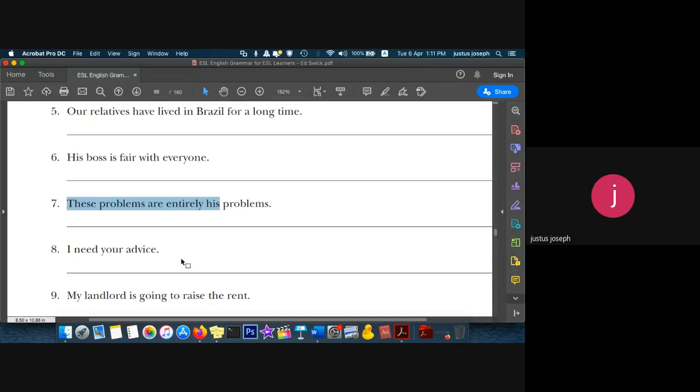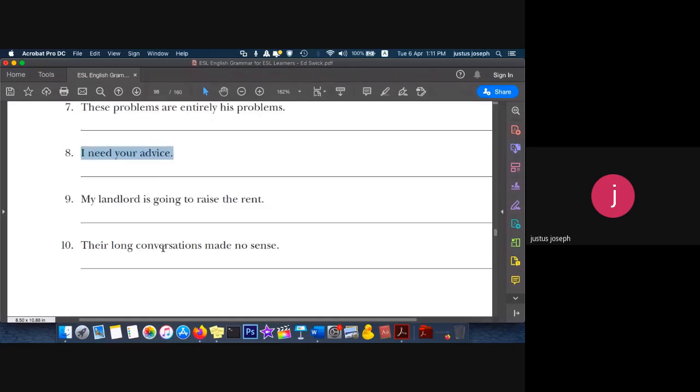Now, do we need to repeat this word? Actually, we don't, right? So this sentence makes absolute sense. These problems are entirely his. I need your advice. I need yours. That's how it will change.